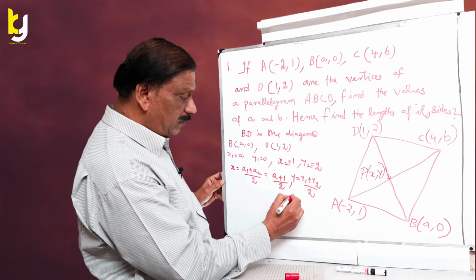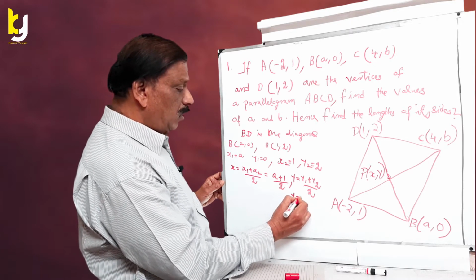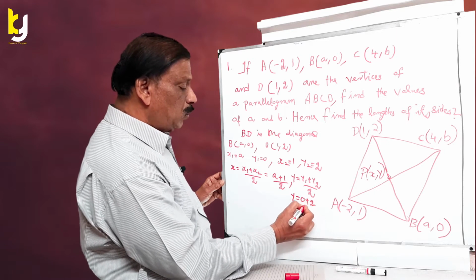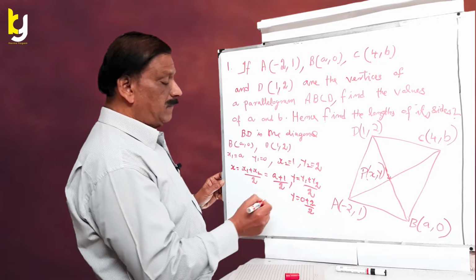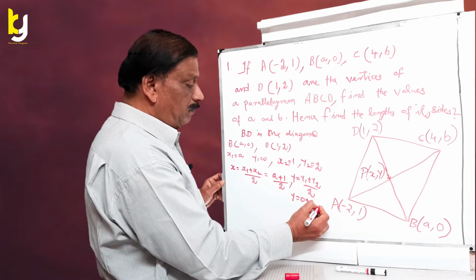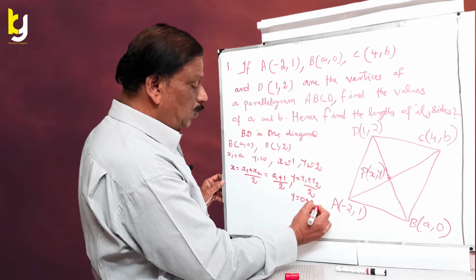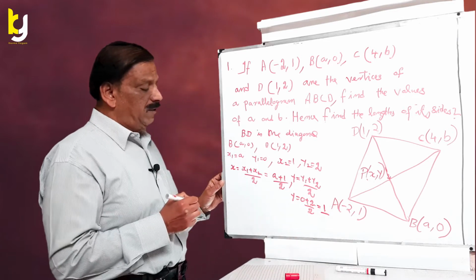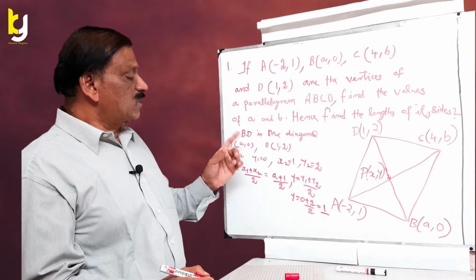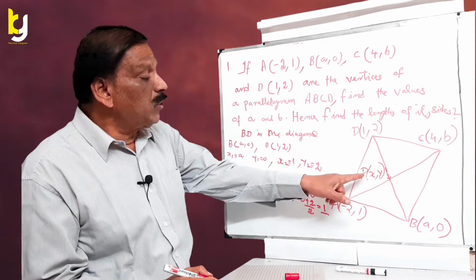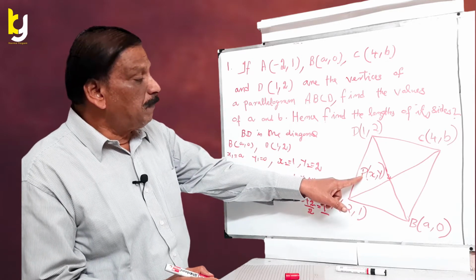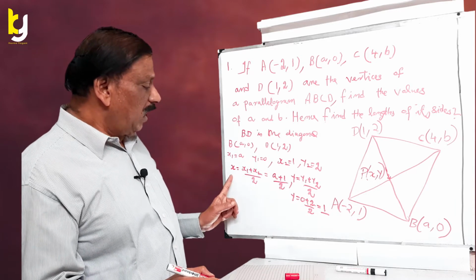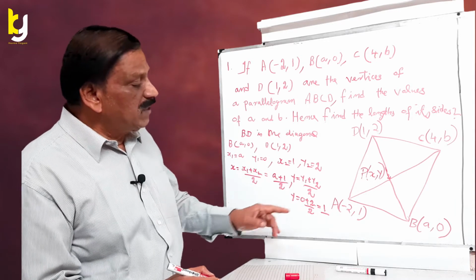Therefore y equals (0 + 2)/2, that is equal to 1. So we get the x coordinate and y coordinate of the midpoint of BD, that is P: x equals (a + 1)/2.